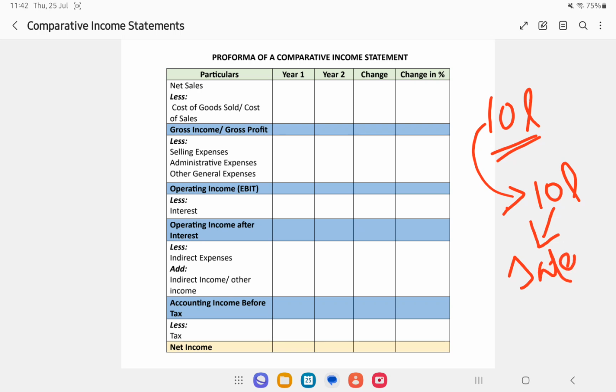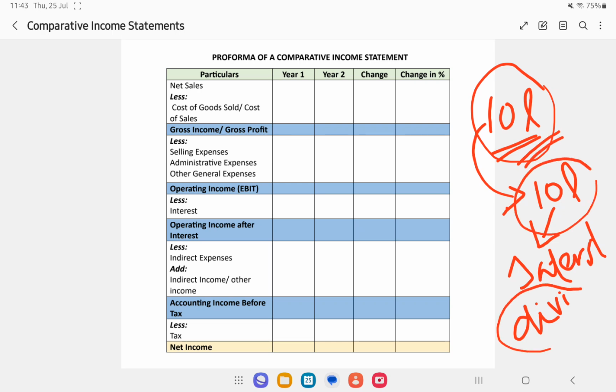Or we get a dividend from the profit of the company we made the investment in. Like we do in the stock market, we invested in some company with the surplus amount we had, and we got monthly interest or yearly dividend. Then that is an indirect income, because investing in another company is not the main purpose of our business.